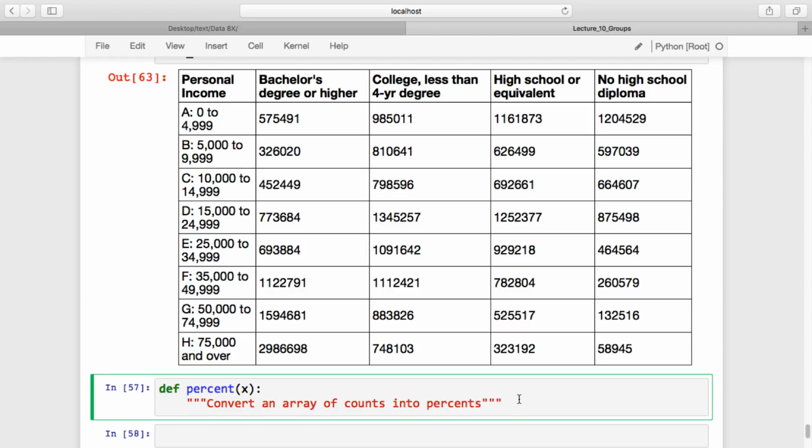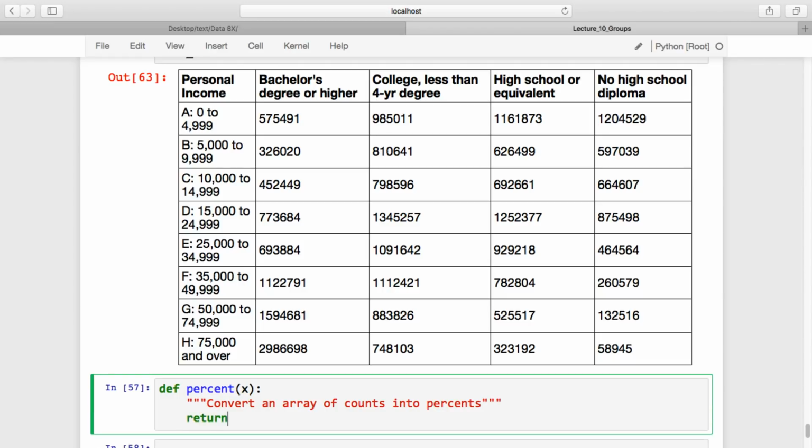And how are we going to do that? Well, let's just try to remember how to convert counts into percents. So you take your count and you divide by the total count in the array. That'll give you a fraction times 100. That gives you a percent, and well, that will have rather a lot of decimal places. Why don't we round to 2 places?